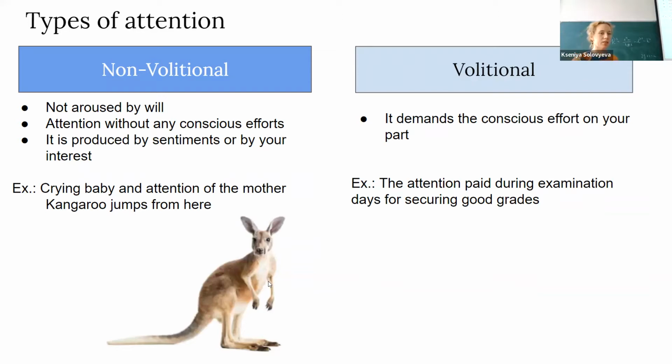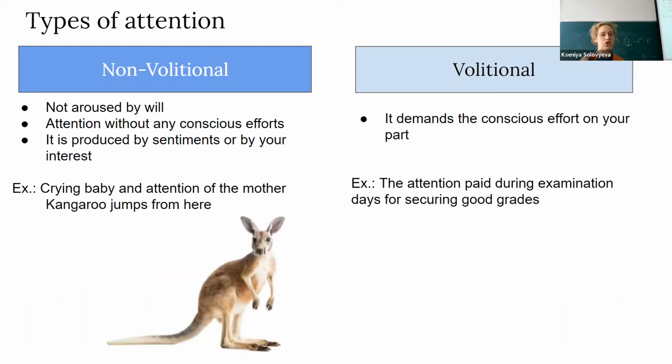Non-volitional attention is a type of attention when you don't need your consciousness, and you can do these processes as an instinct. For example, someone clapped here, and you turn your head, so you don't control this type of attention.